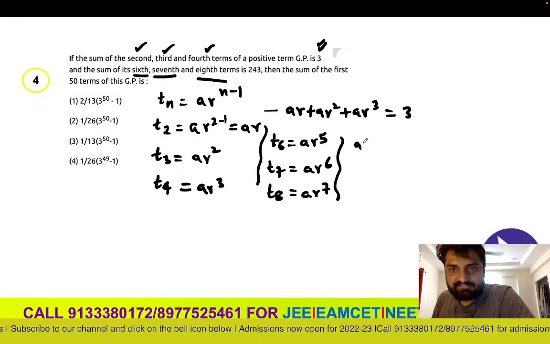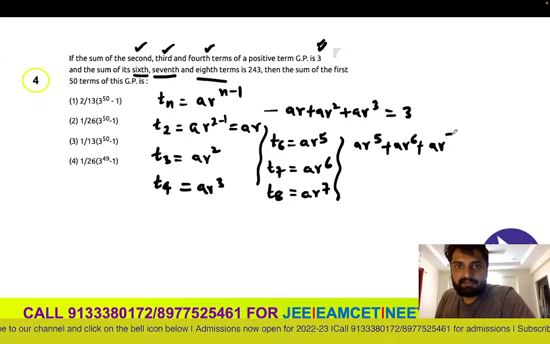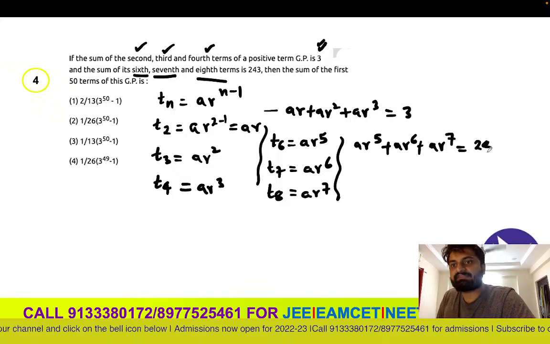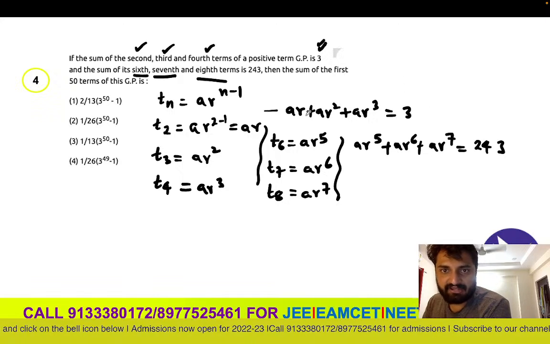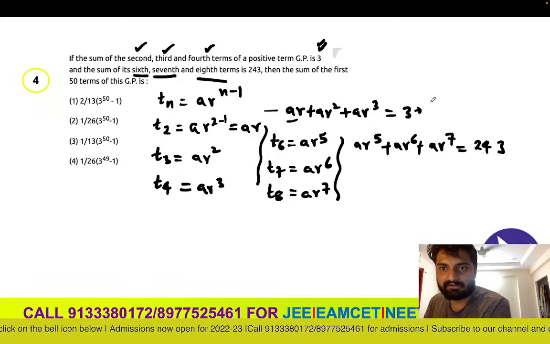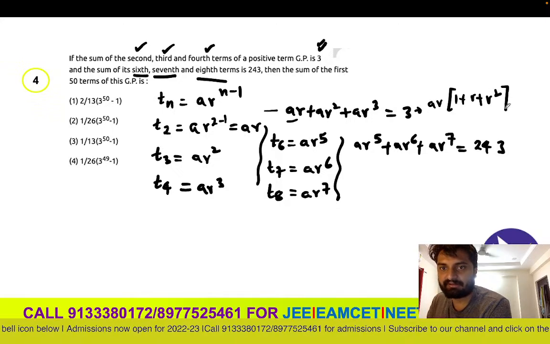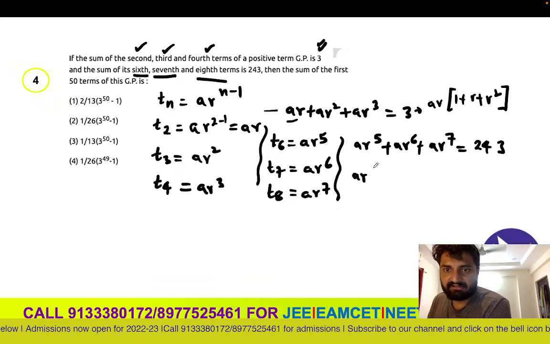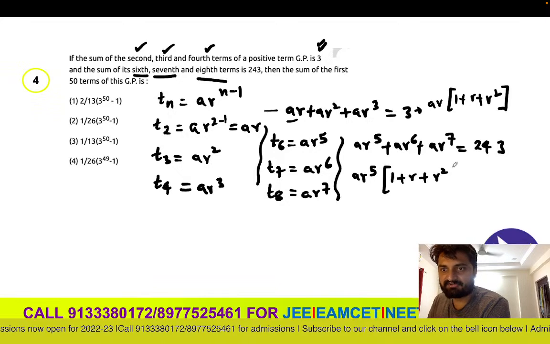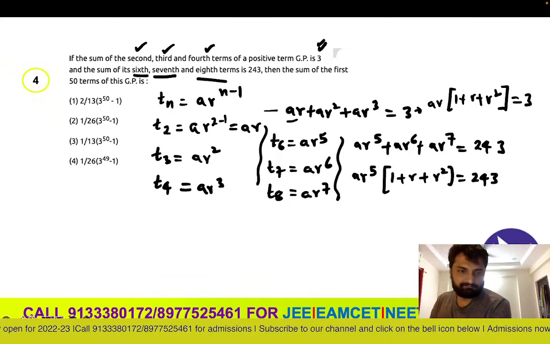They are saying this is 243. Now in the first equation, I will take AR common. If you take AR common, 1 plus R square I am getting. In the second equation, I will take AR power 5 common. I will get 1 plus R square again. This is 243. This is 3.